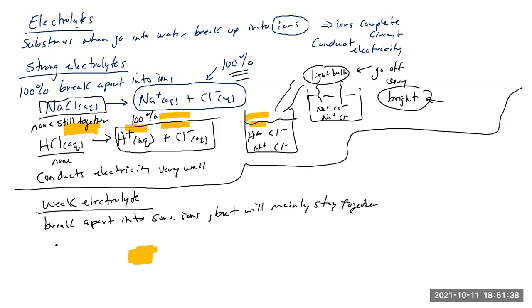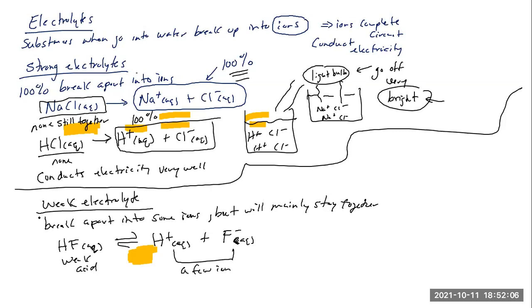So for example, hydrofluoric acid is actually a weak acid, and it's also a weak electrolyte. When it breaks apart, it will break apart into H plus and F minus. Now, different than a strong electrolyte, in this case, we get a few of these ions that are formed, but mainly what we have in solution is actually the HF still together. So this is mainly what we have.